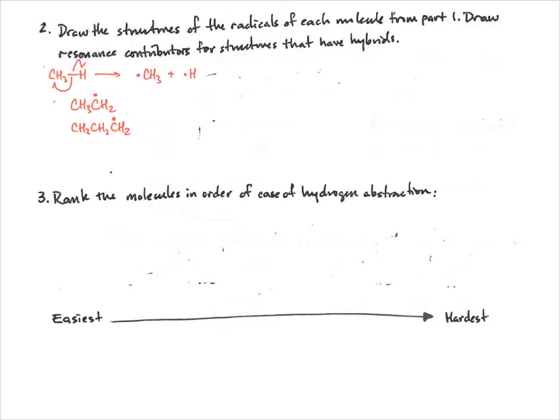So I see a lot of yeses in the chat. So notice I have not drawn a formal charge so far on any of these. So let's go ahead and review the formal charge calculation. A radical is a reactive intermediate that is neutral. It does not have a charge.